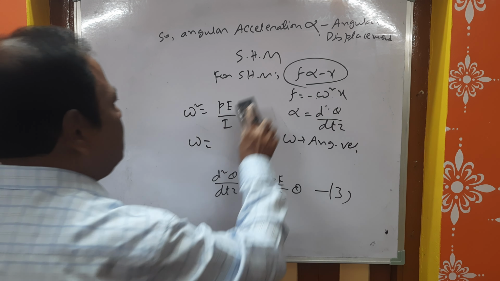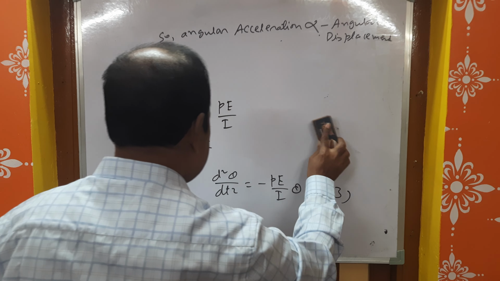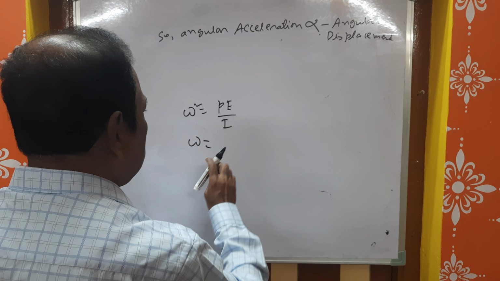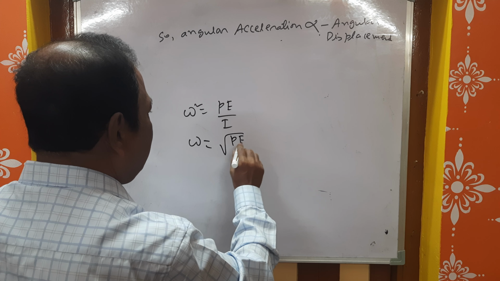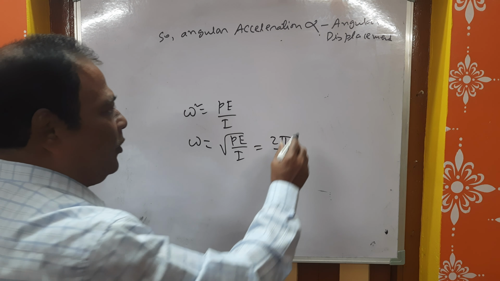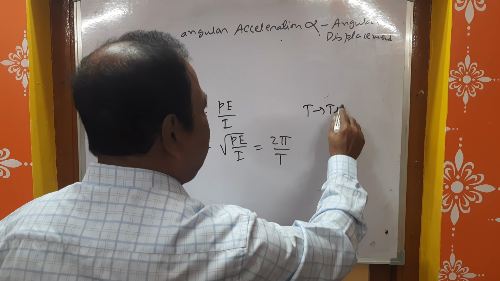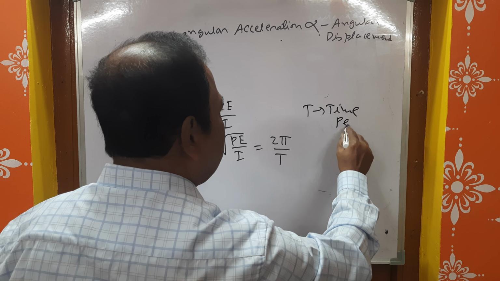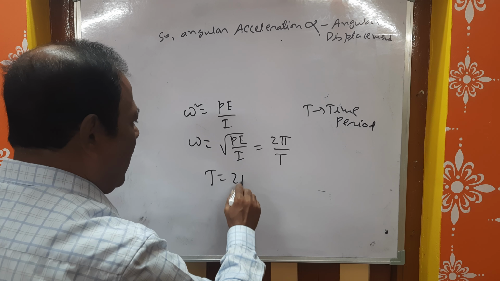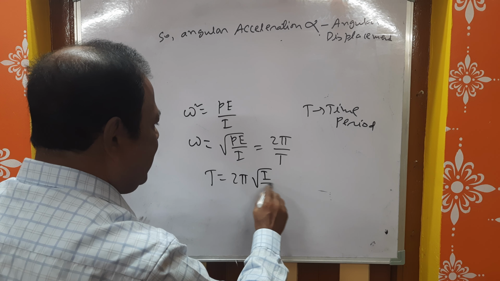So I can write omega is equal to root over P E by I. Omega is equal to 2 pi by time period, T is the time period. So T is equal to 2 pi root over I by P E.